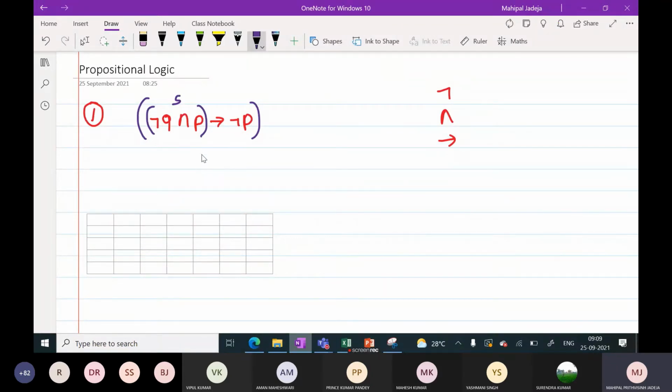So this is one possible way. Another possible way is that you give more importance to implication as compared to conjunction. In that case, you will evaluate P implies negation P first, and let's say the result of this is S, and then you will be evaluating negation Q and S.